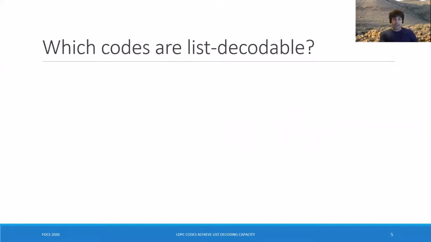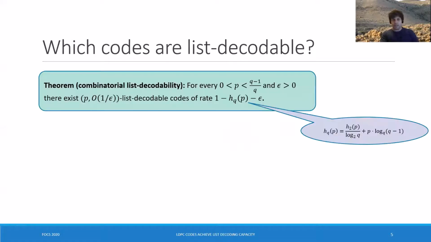So having defined what is list decoding, an obvious question is whether there exist list decodable codes and to what degree are such codes list decodable. So given a noise ratio p, the threshold 1 minus the q-ary entropy of p is known as the capacity of the channel.